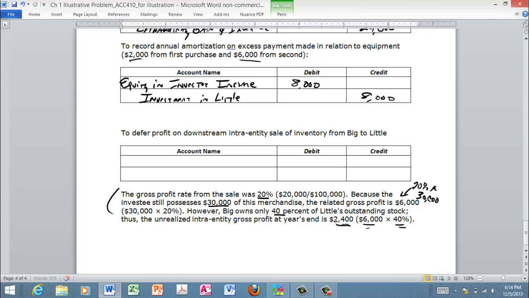So bottom line is I have $2,400 that I need to deal with. And what do I do with that? Well, again, it's going to be the same thing as in the previous illustration, the same accounts. I'm going to debit my equity in investee income, and then credit my investment in Little.